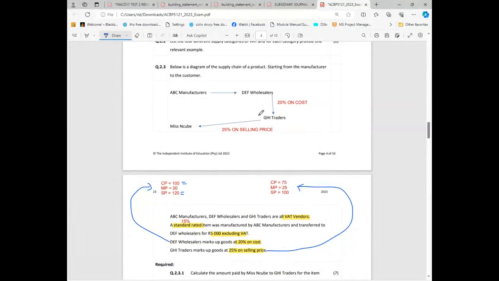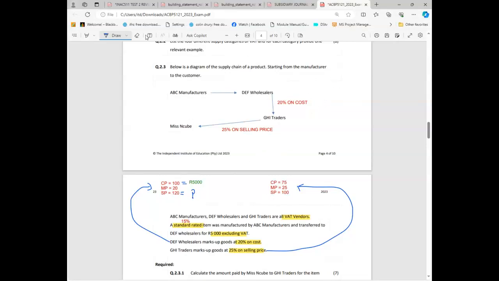So this 5,000, where will I put it? The 5,000 will go next to the CP, and the question mark will go by the 120. How will the fraction be?